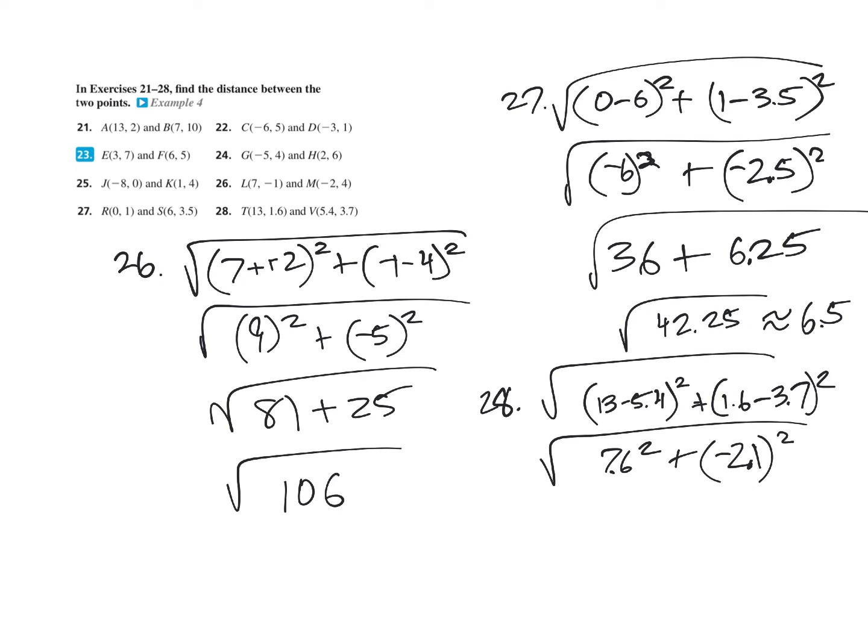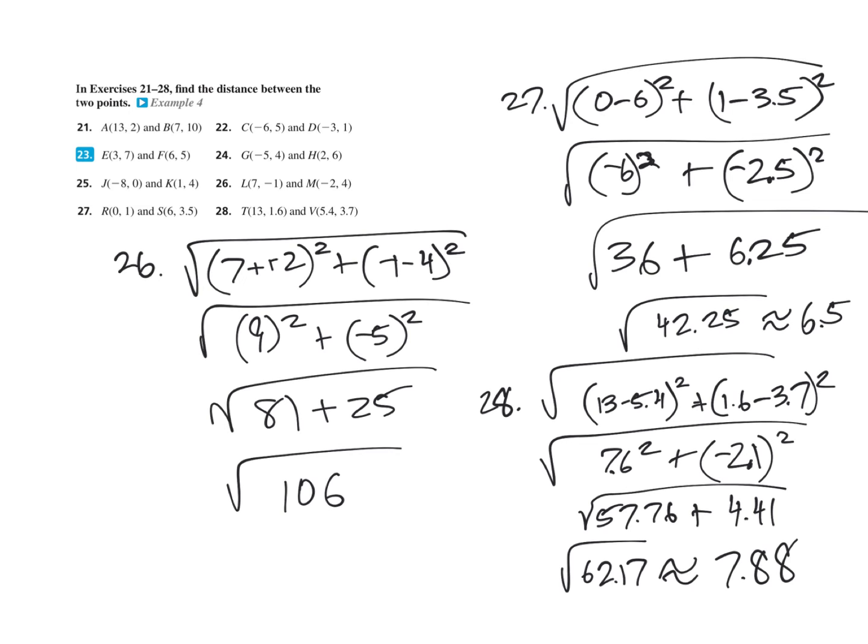So 7.6 squared is 57.76, and 2.1 squared is 4.41. Now add those together. 4.41 plus 57.76, and that's the square root of 62.17, which is approximately 7.88. All right, number 29.